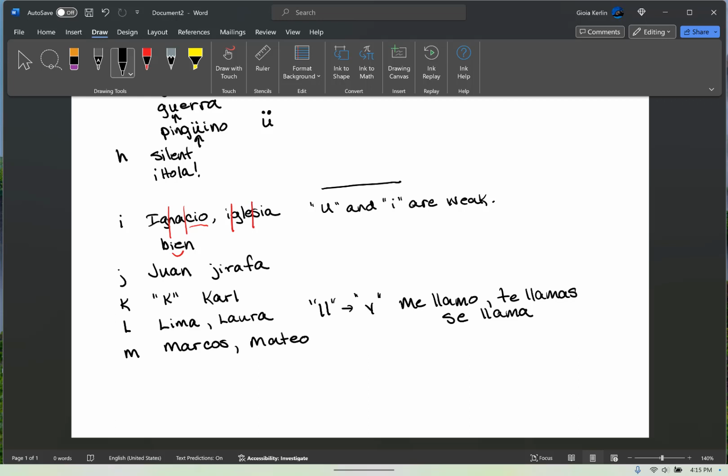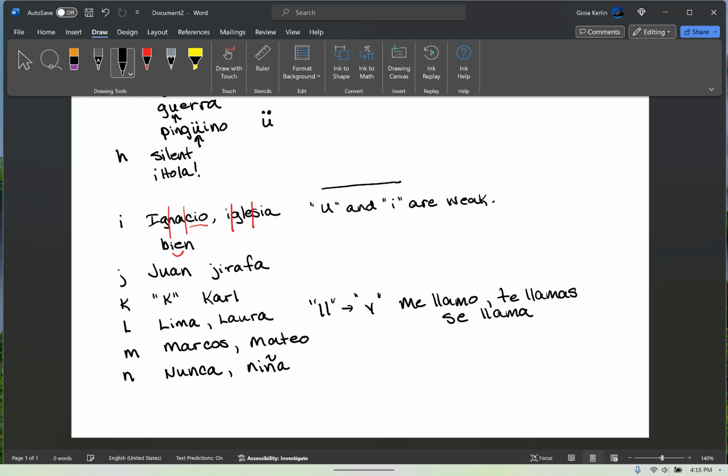It's always an M. Next letter is N. Sounds like N, just like in English. For example, nunca or niña.